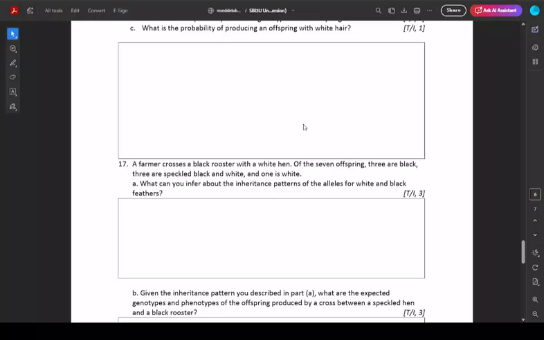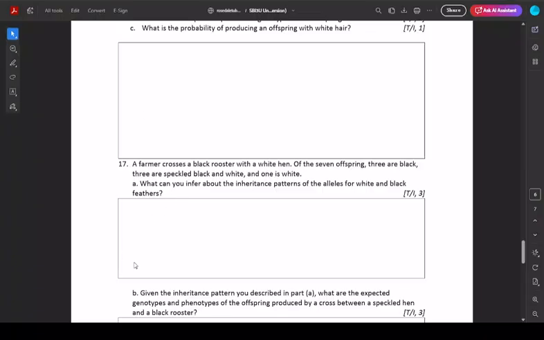The parents, the black rooster and the white hen, are likely BB and WW. Incomplete dominance? No, this is not incomplete dominance. This is codominance.